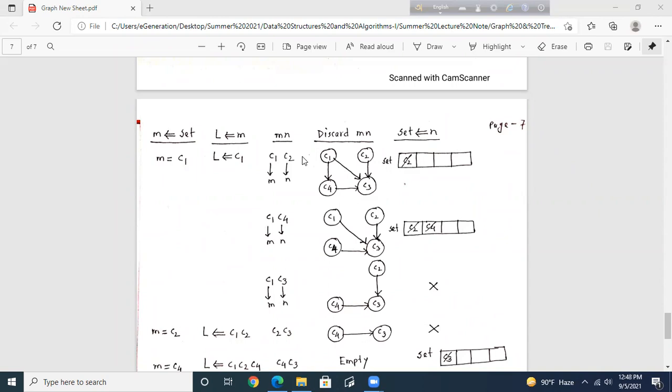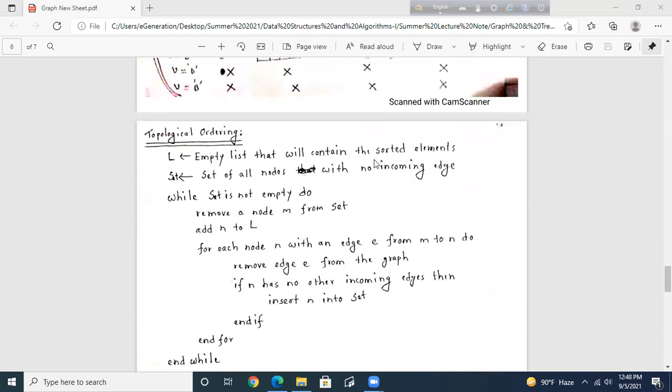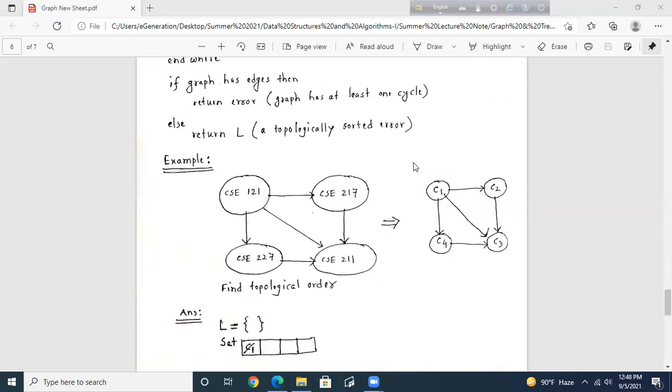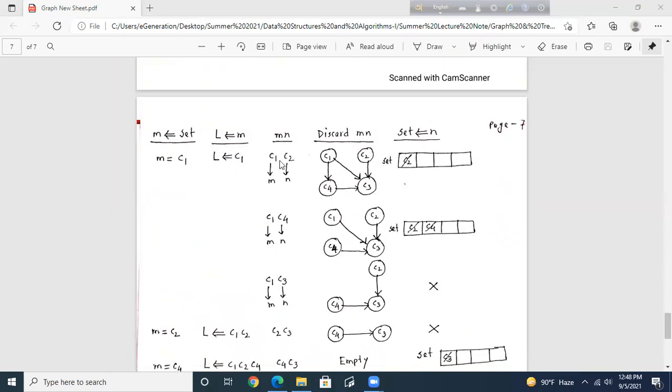Second line is remove edge E from the graph. Since E means our edge, E means C1, C2. So you have to remove edge C1, C2 from the graph.